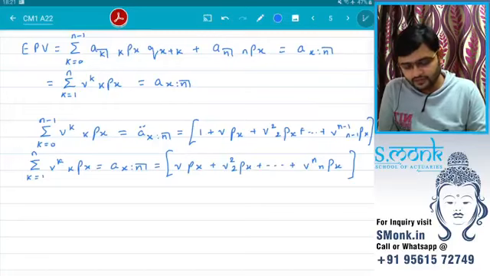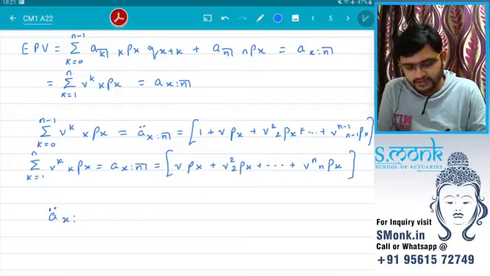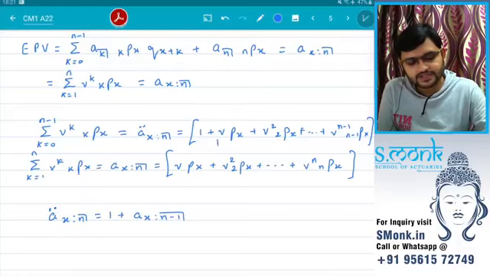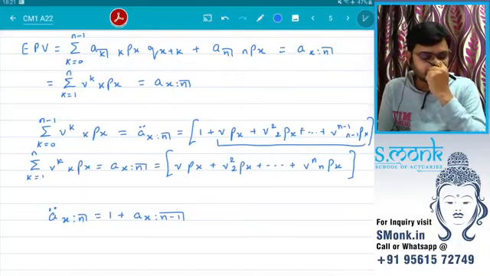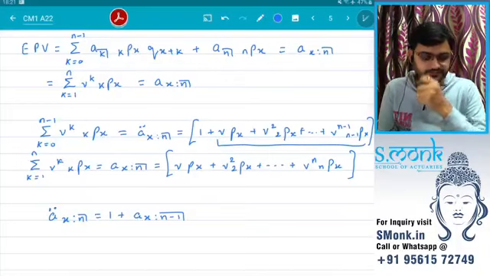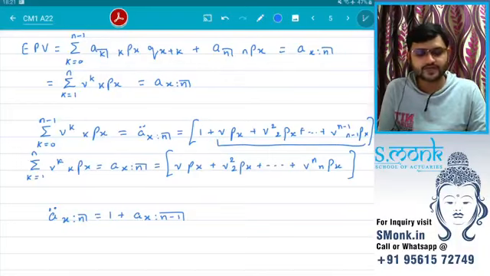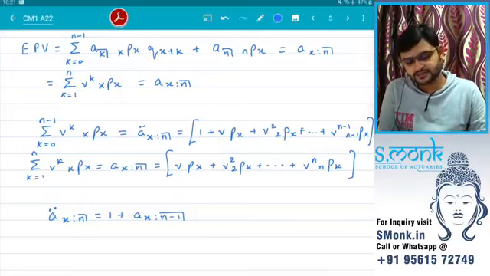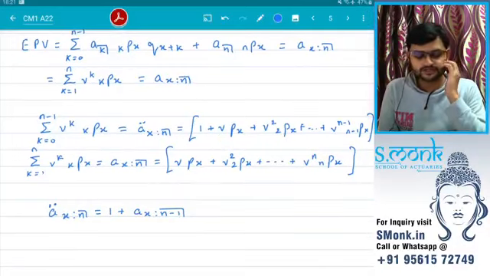But if you want to make the closest relation, we'll say a due x n will be equal to 1 plus a x n minus 1, because I can say this is nothing but going till n minus 1 years in arrears. So you can make this relationship.